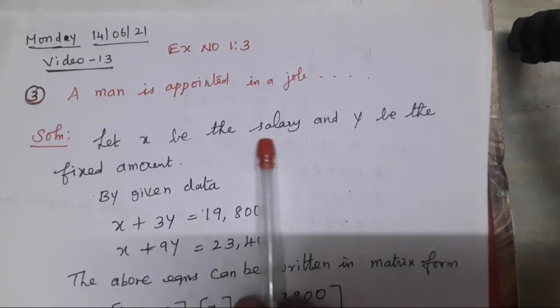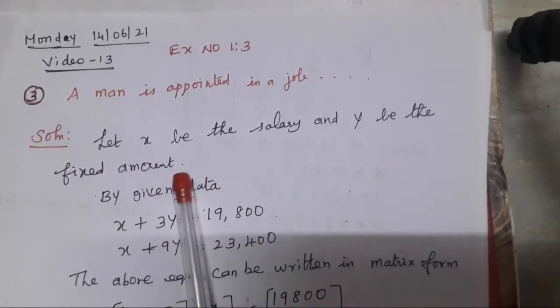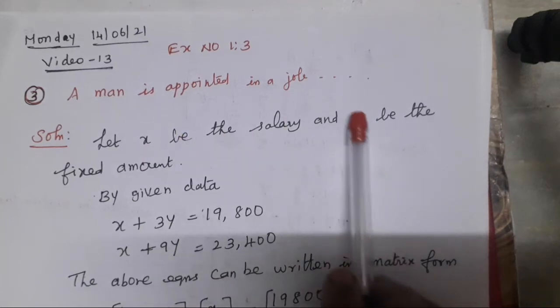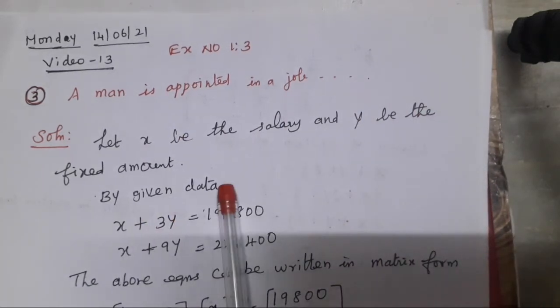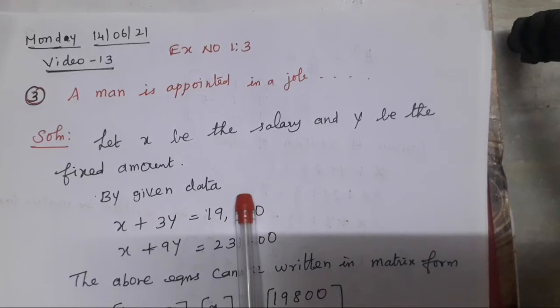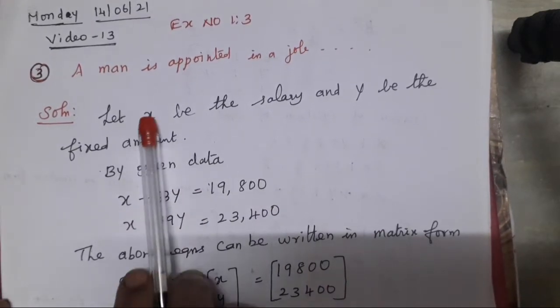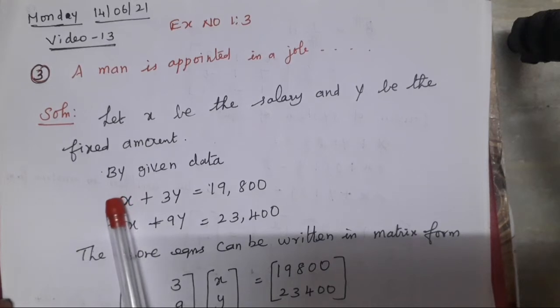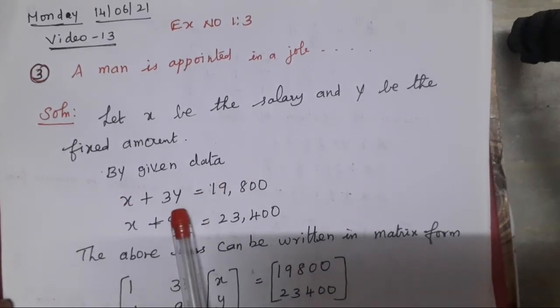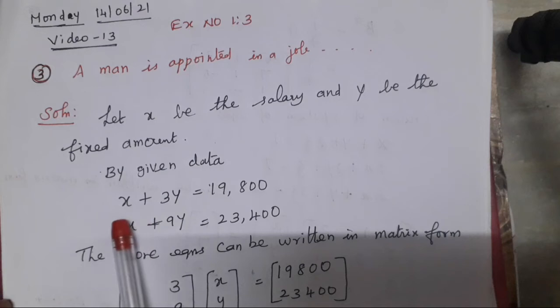Let x be the salary and y be the fixed amount, by the given data from the question. What happened? x plus 3y, because x is the initial salary and y is the annual increment. What is the information?